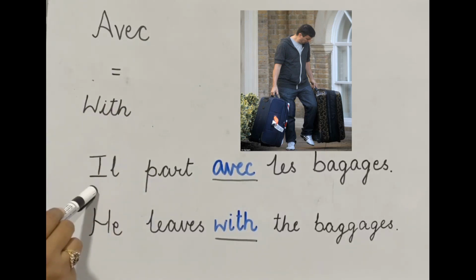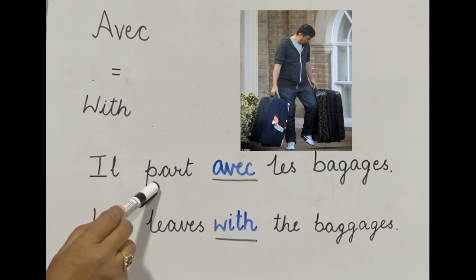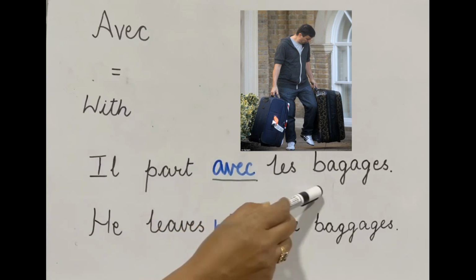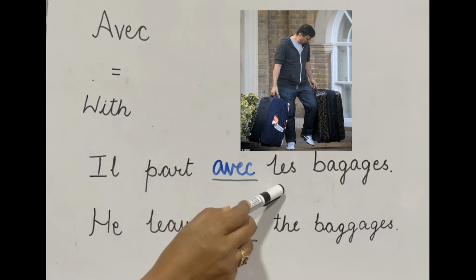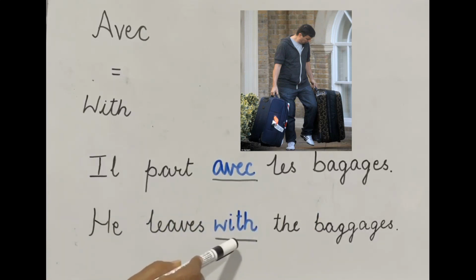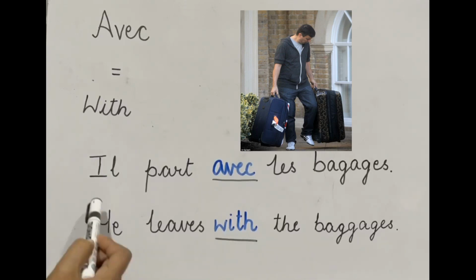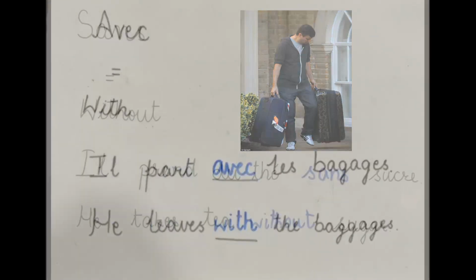So here the sentence to understand this preposition is Il part avec les bagages. That means he leaves with the baggages or with the bags. Il part avec les bagages.